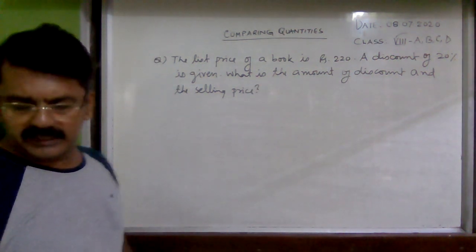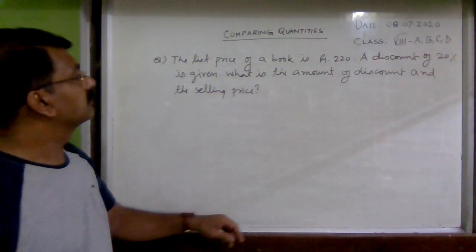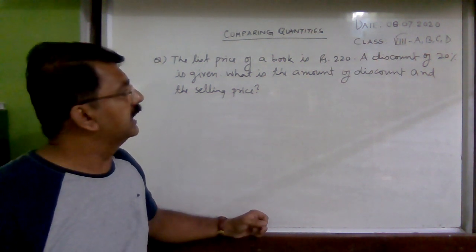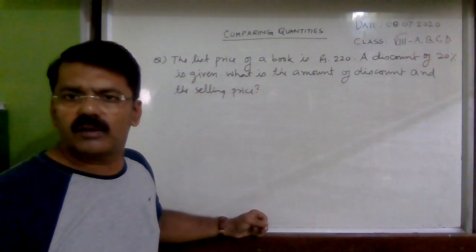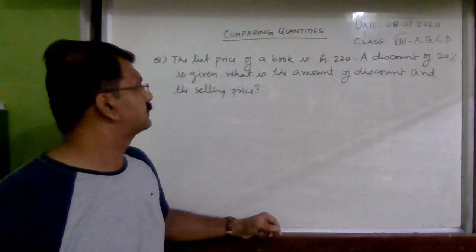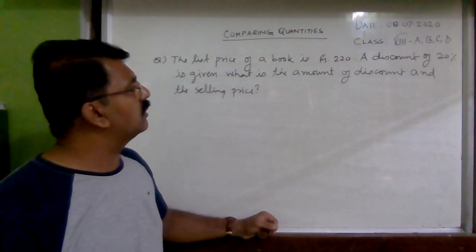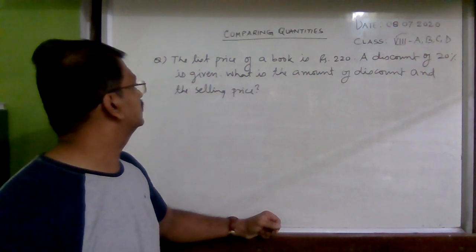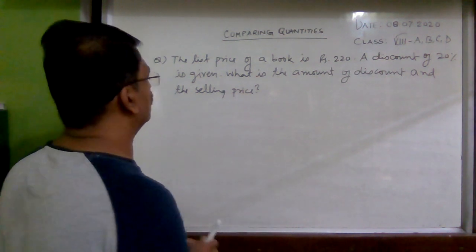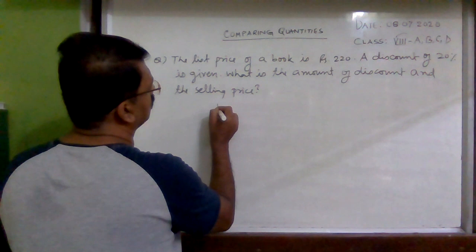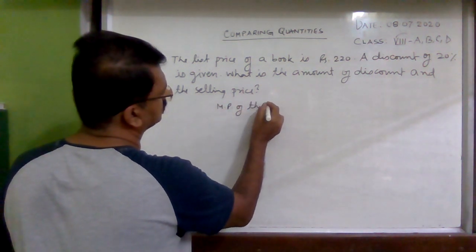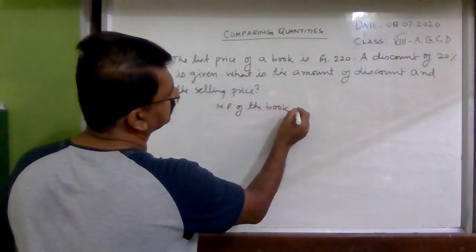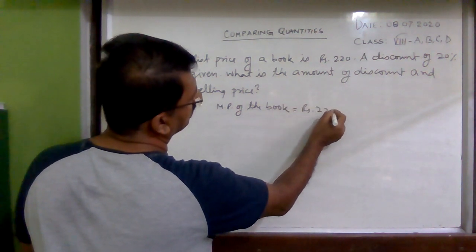Okay, the list price of a book is rupees 220. A discount of 20% is given on that marked price or the list price. So what is the amount of discount and the selling price? So first of all, marked price of the book is rupees 220.